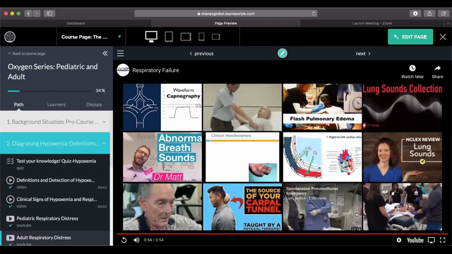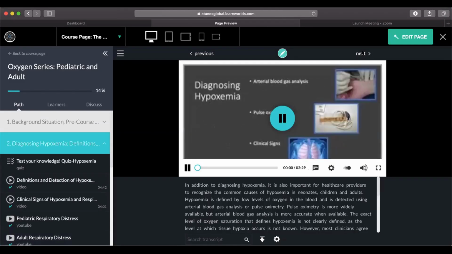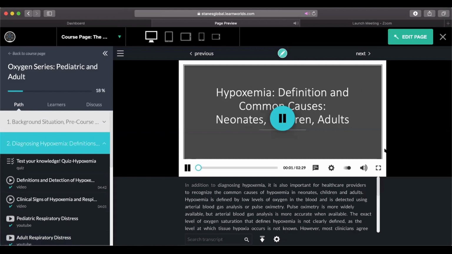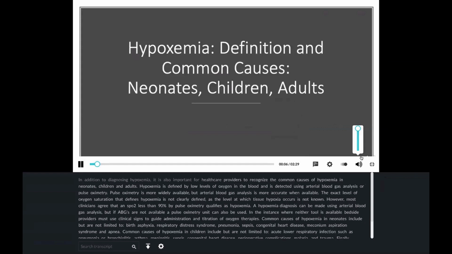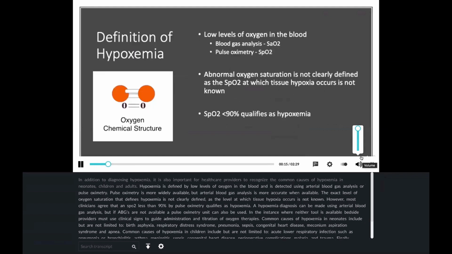Okay, so let's go through our next learning module. In addition to diagnosing hypoxemia, it is also important for healthcare providers to recognize the common causes of hypoxemia in neonates, children, and adults. Hypoxemia is defined by low levels of oxygen in the blood and is detected using arterial blood gas analysis or pulse oximetry.